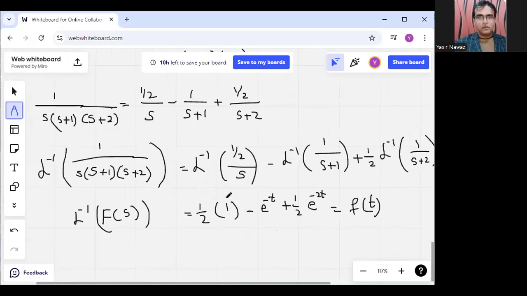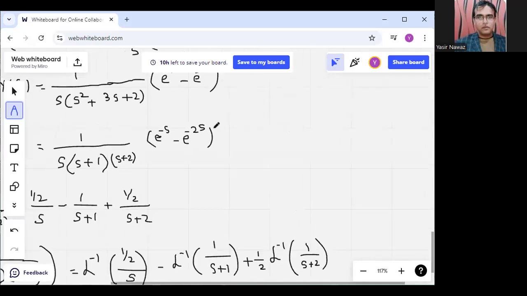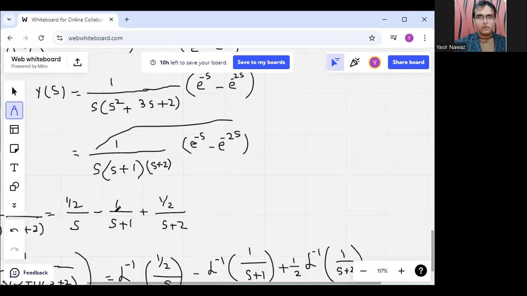Now, the task was to find the Laplace inverse of the whole thing, not just this function F of s. It is actually the inverse of the whole thing, 1 over s into s plus 1 into s plus 2.